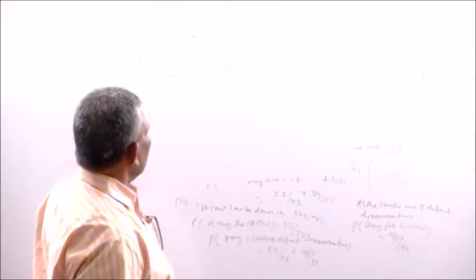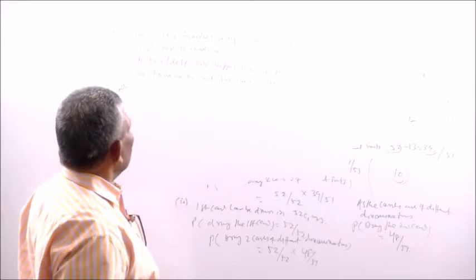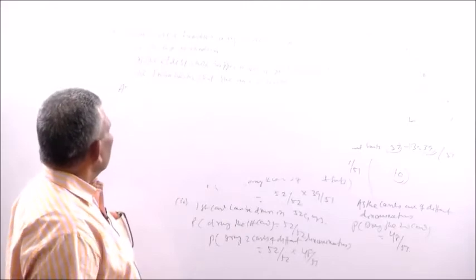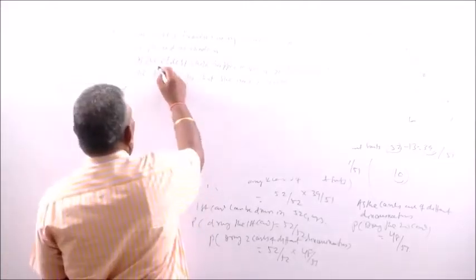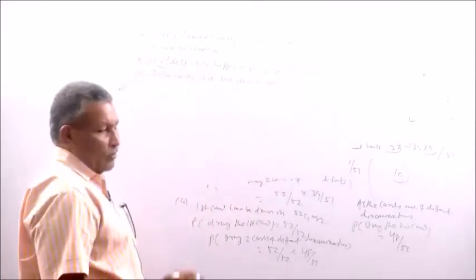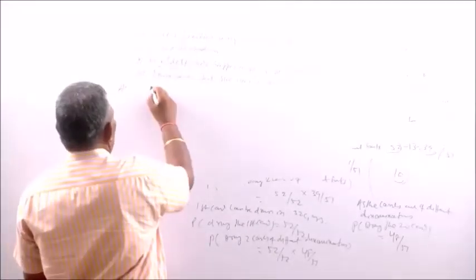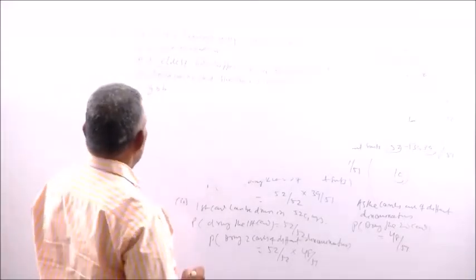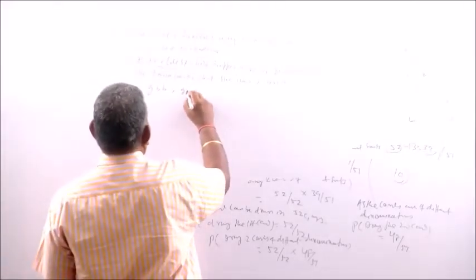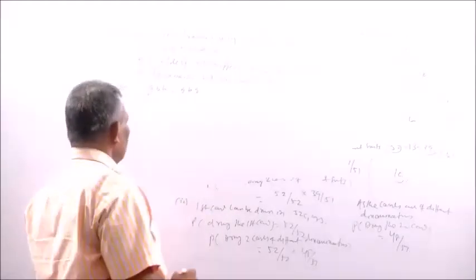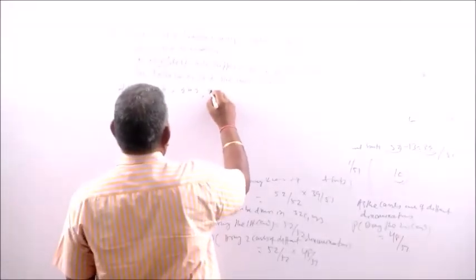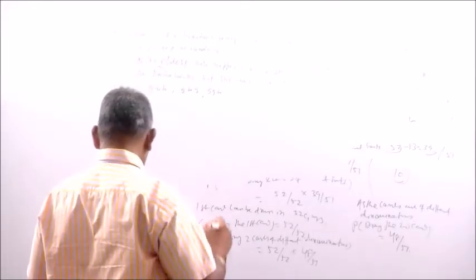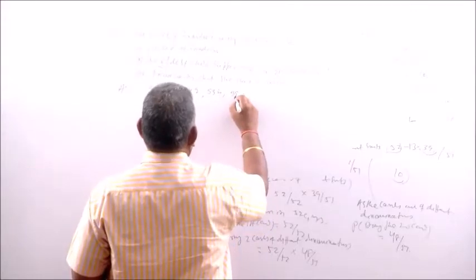A set of families having 3 children. That means in each family there are 3 children, and the condition is the eldest child happens to be a girl. Then what are the possibilities? There is a possibility that girl, boys, or girl, boy, girl, or girl, girl, boy, or 3 girls will be there.